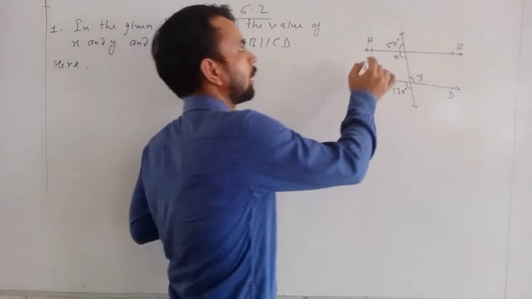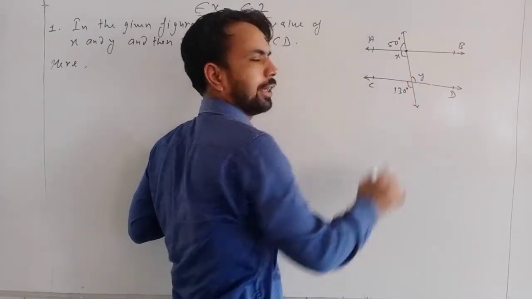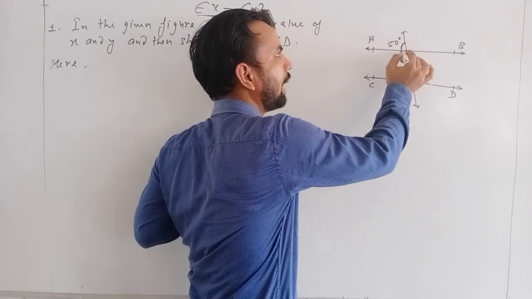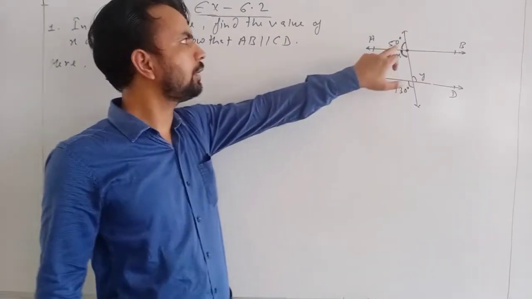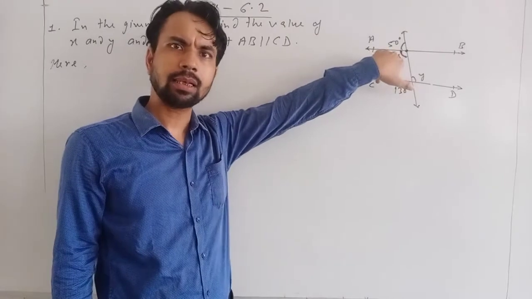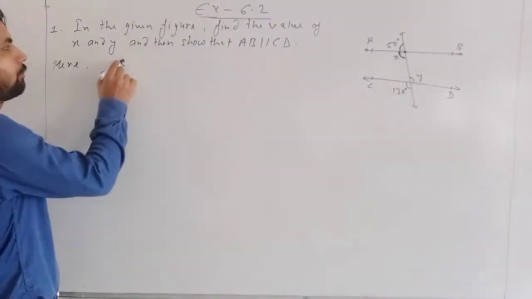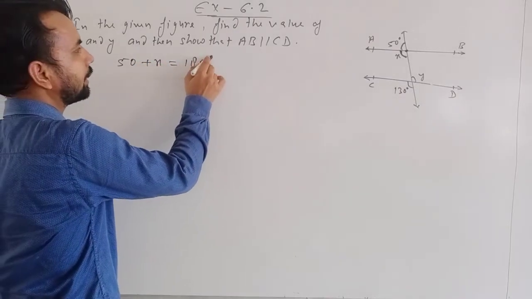See, AB and this line intersect each other at this point. So beta, angle 50 and angle x both form a linear pair, and if they form a linear pair, then their sum will be 180 degree. Am I right? Good. So here 50 plus x equals to 180 degree.